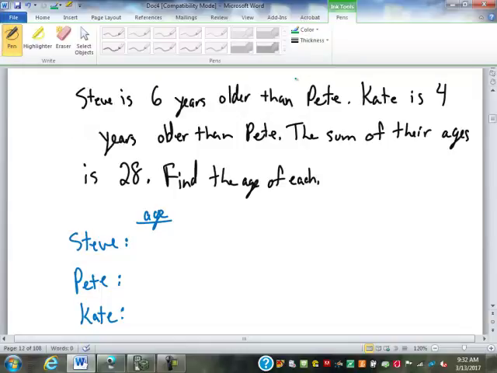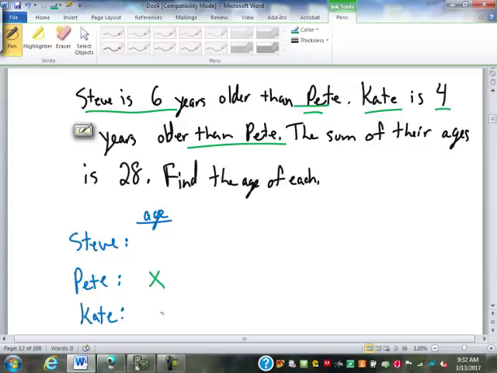So we have to express these as a single variable. That single variable is going to have to be one of the ages of the people. Is there one person who is referenced for both people? Pete, yes. Steve is 6 years older than Pete. Kate is 4 years older than Pete. So both of them have their ages defined by Pete's age.